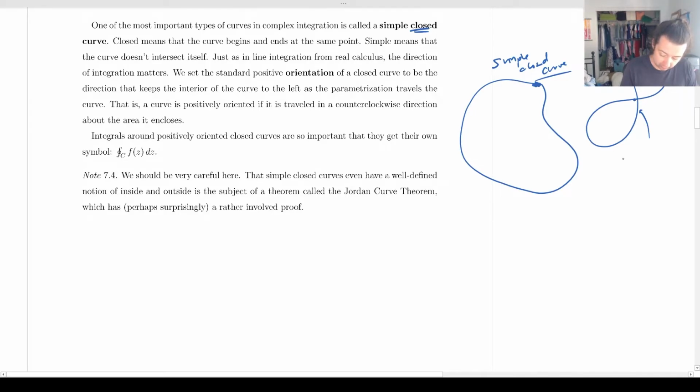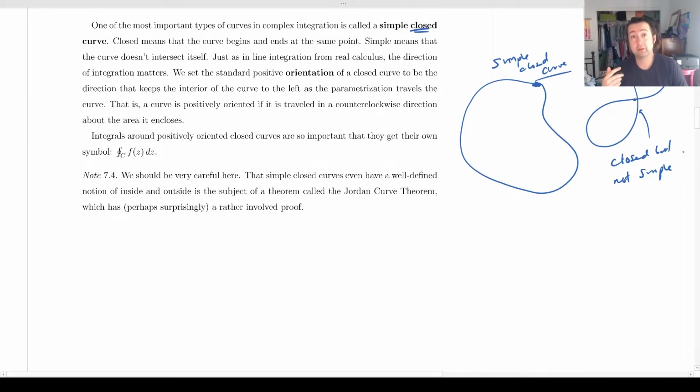So this is closed but not simple. Simple closed curves are the nicest sort of contours that you can get when you have a loop, beginning and end at the same point. Curves that do intersect themselves are topologically a lot more complicated, and so they're harder to deal with. So normally we eliminate the possibility of self-intersecting curves by requiring that the curves that we're working on are simple.